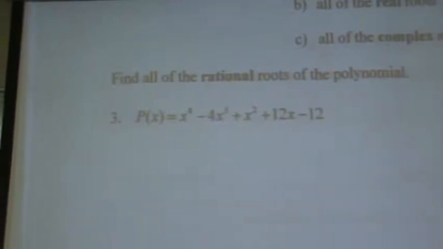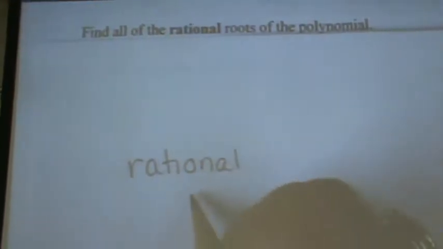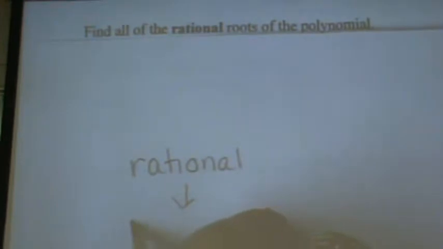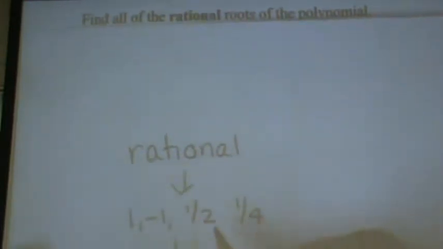Okay, what you need to know, first and foremost, is what is a real, what's a rational, and what are all zeros, all complex zeros. If we talk about the set of rational numbers, rational are the ones like 1, -1, a half, a fourth, a third, -2.